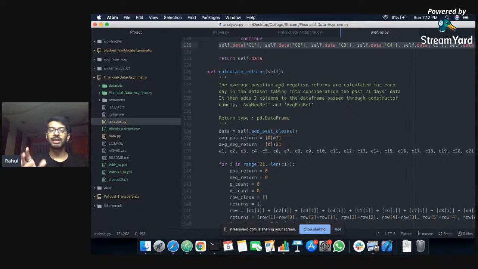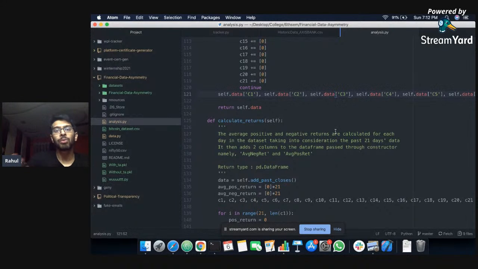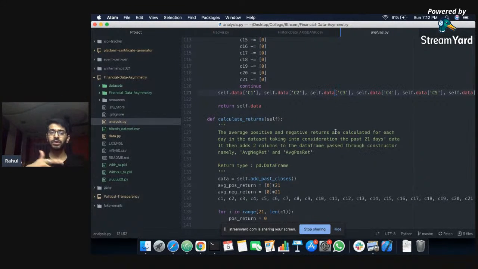So in the previous step, we took the individual closing prices, right? But now we want to add more context information. And what context information is that? We want to see whether the stock price is giving a profit or a loss between two particular closing prices. Okay. So if the close price on one day is, let's say, 450, and the close price on the next day is 460, ideally, in one day, this person has made a profit of 10 rupees per stock, right?